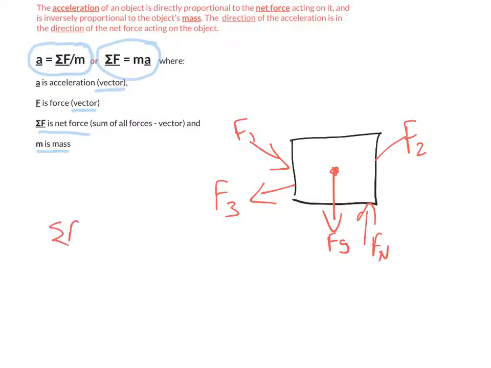So you would sum up all the forces, and you'd get F1 plus F2 plus F3 plus Fg plus Fn. And remember, these are all vector quantities, so they also involve a direction.